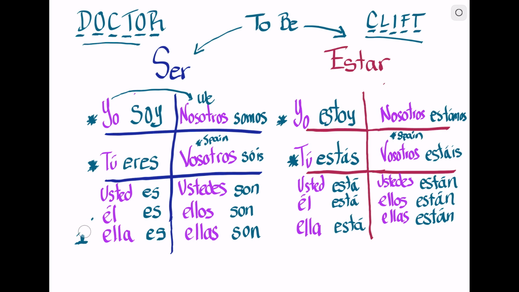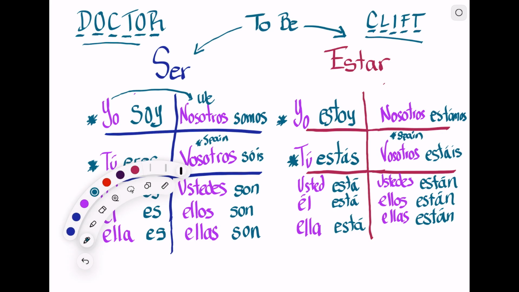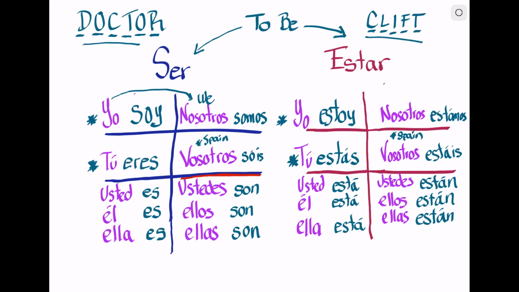So let's see. Usted, él, and ella is one thing, but ustedes, ellos, and ellas is multiple things or multiple people. I put it in a square right here so you remember you're talking about multiple things.